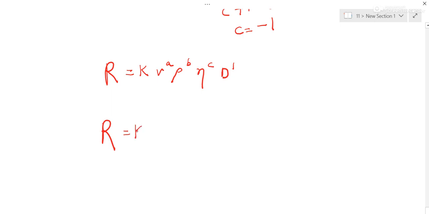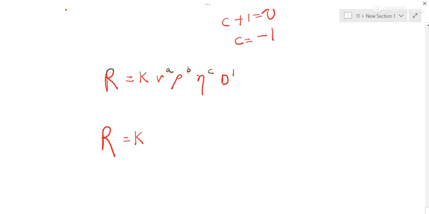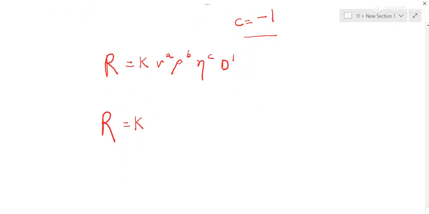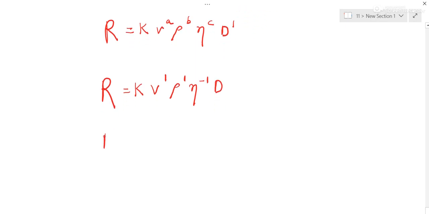So let us substitute. A is 1, B is 1, C is minus 1. So R is equal to K rho V D by eta. So this is the formula that we were supposed to derive.